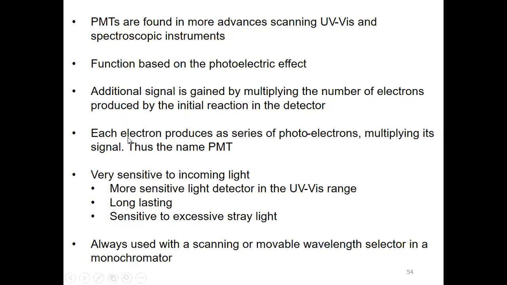And each electron produces a series of photoelectrons. So you know that one electron produces a series of electrons, multiplying its signal, thus the name PMT. We already discussed how the name comes, photomultiplier tube. One electron produces a series of electrons, which means multiplying its signal. That is why it gets this name, photomultiplier tube.